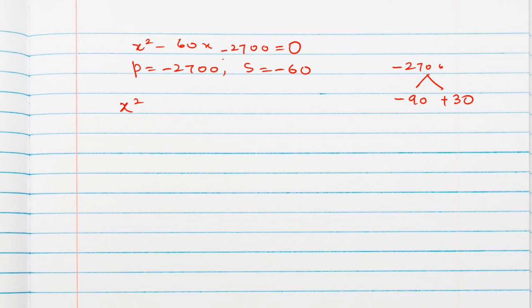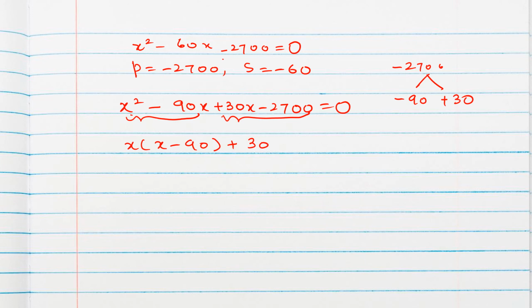So again factorization method we are using, splitting the middle term: x square minus 90x plus 30x minus 2700 equal to 0. From these two terms we will take common x, so x minus 90. From these two terms we take 30 common, x minus 90. So x minus 90 bracket common and x plus 30.